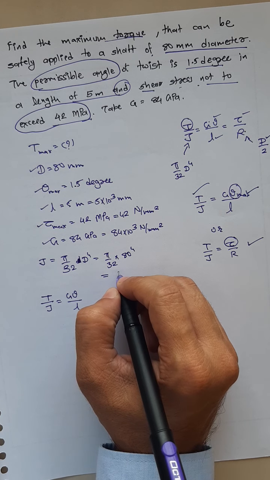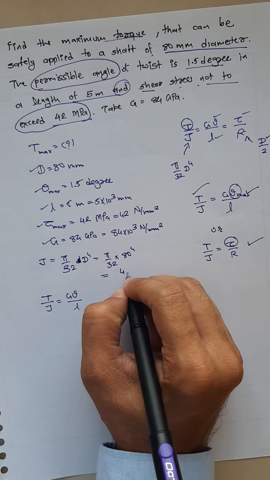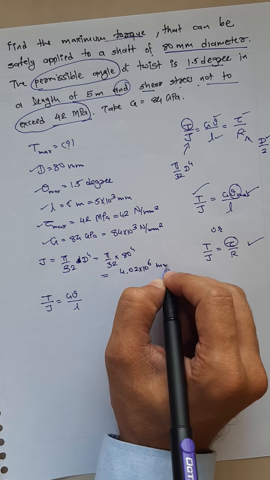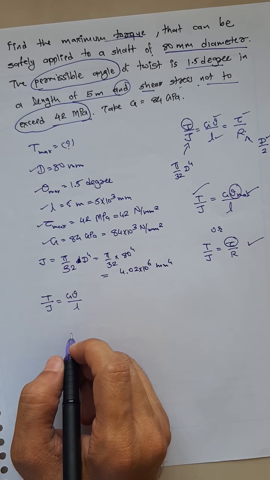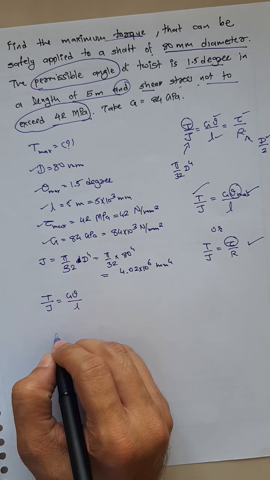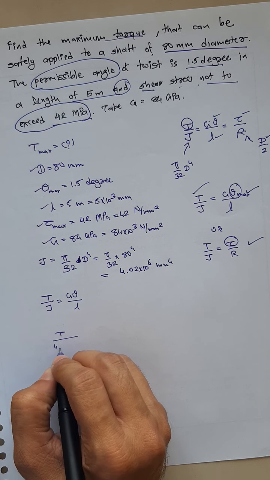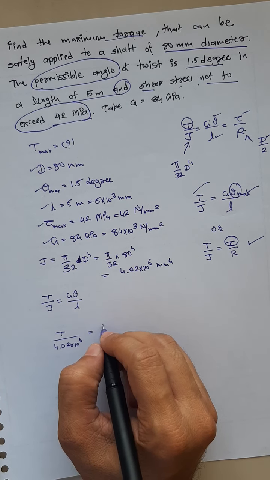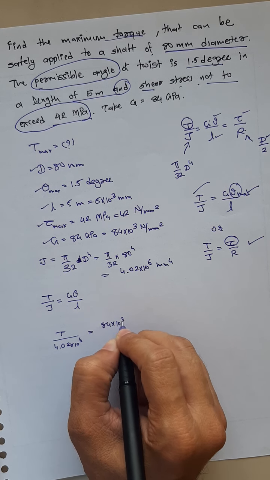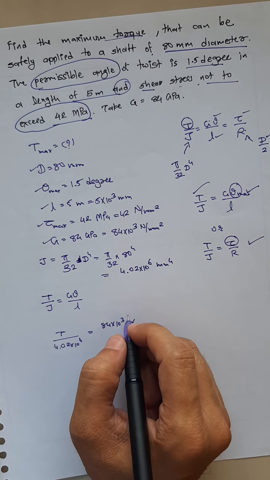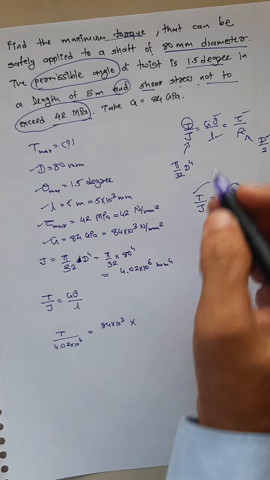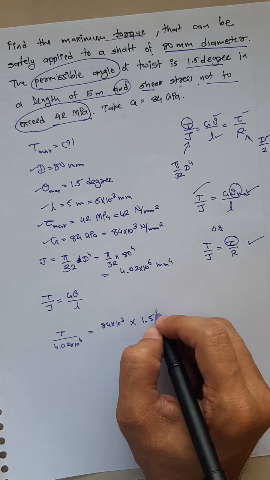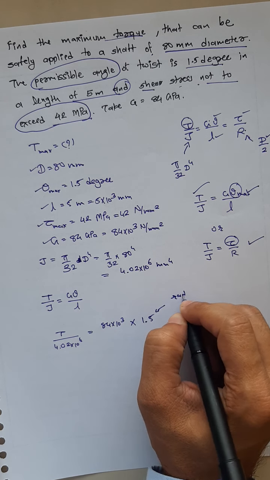So J is actually 4.02 into 10 raised to 6 mm raised to 4. Okay. So T by 4.02 into 10 raised to 6 is equal to G, given to us 84 into 10 raised to 3, into theta. Theta is given in degree, 1.5 degree.